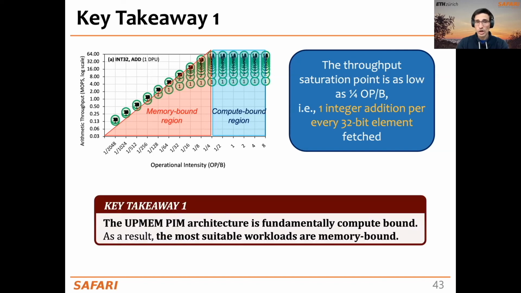So the key takeaway was that the UPMEM PIM architecture is fundamentally compute bound. So we expect that most of the workloads that we port to this new architecture will fall in the compute bound region of the DPUs. As a result, we also expect that the most suitable workloads for the architecture are those that are clearly memory bound in processor-centric systems.